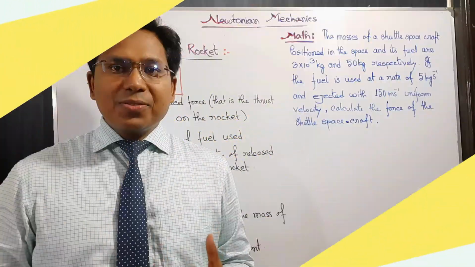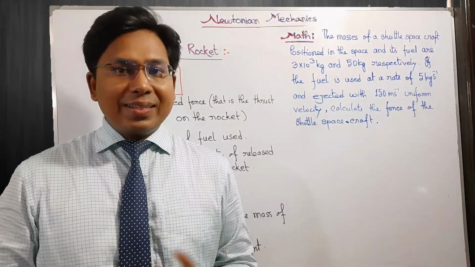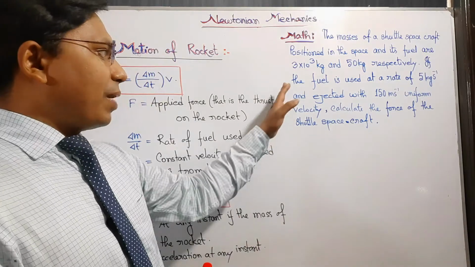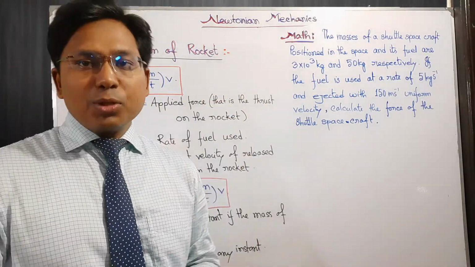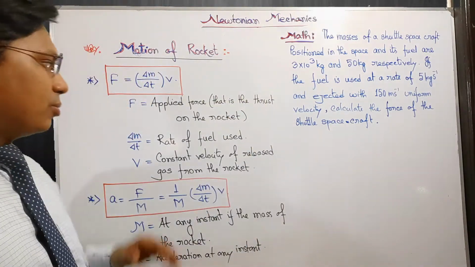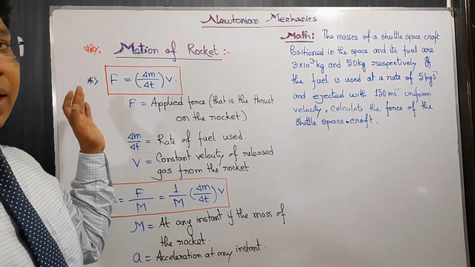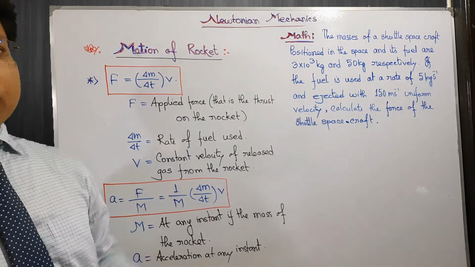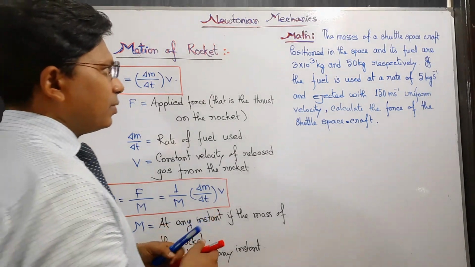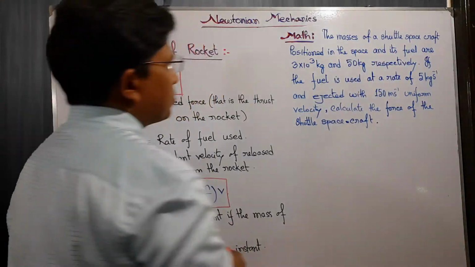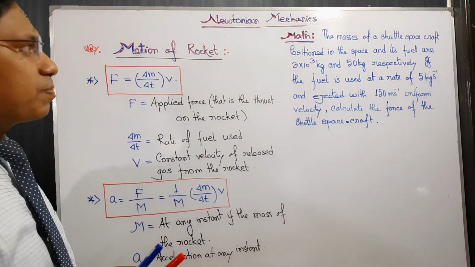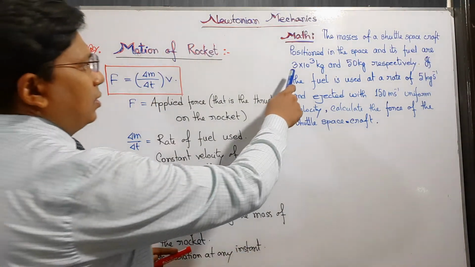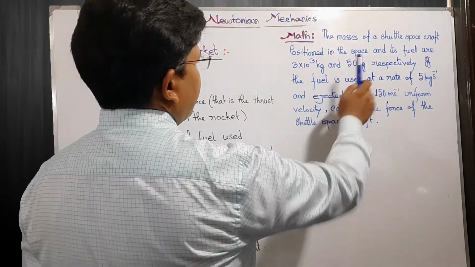Students, we want to make a clear conception about these rules and this phenomenon with the help of a math problem. For better understanding, you can practice a math problem with me on the basis of the motion of the rocket, and also learn the use of the equation of motion of the rocket. Here, the mass of the shuttle spacecraft positioned in space and its fuel are 3 into 10 to the power 3 kg and 50 kg respectively.